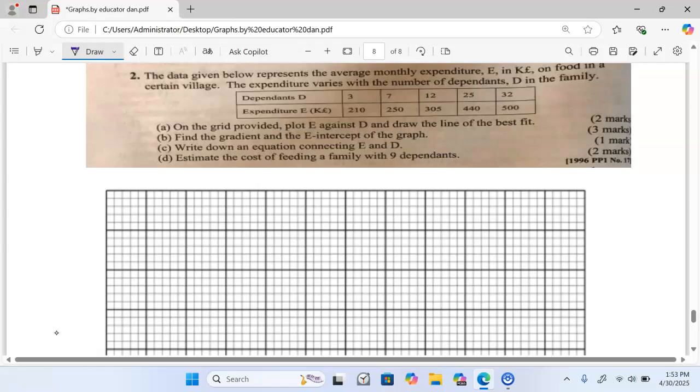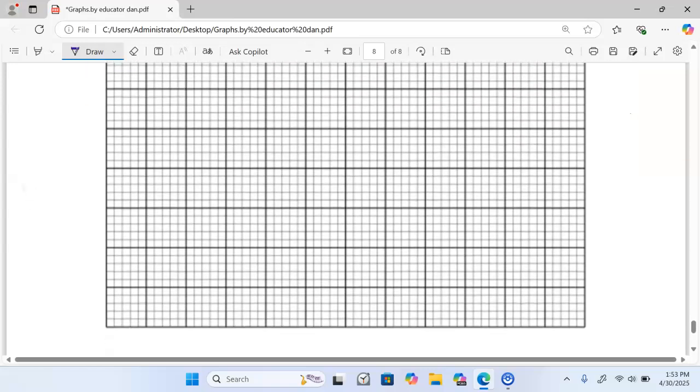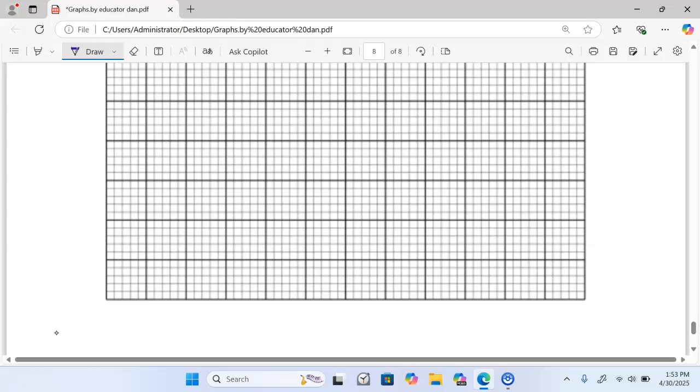You realize we are going to plot E against D, and therefore on the y-axis we are going to have expenditure E in Kenyan pounds.